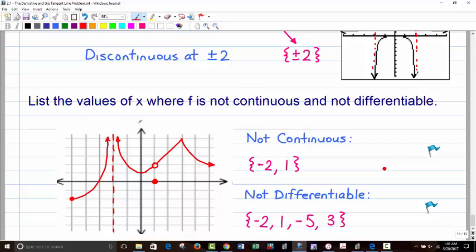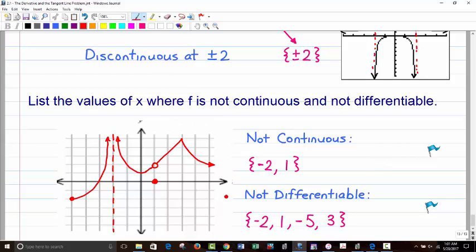You could not have more not continuous answers than not differentiable, because if it's not continuous, then it's not differentiable. So all the not differentiables will include the not continuous numbers. But there can be some that are not differentiable that are continuous, as we just learned.